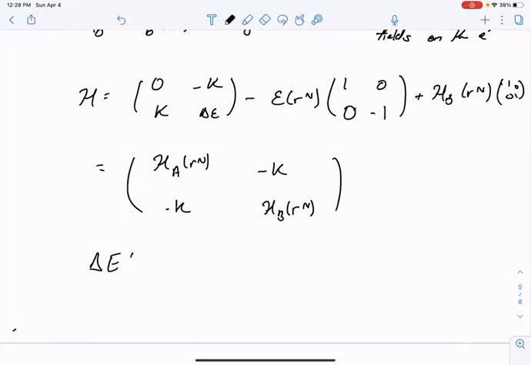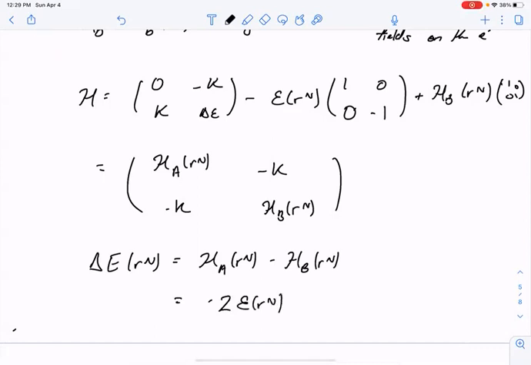It is an explicit function of the nuclear coordinates of the solvent, defined as H_A less H_B, but given by minus twice the electric field, the polarization generated by the dipoles of the water, less some energy offset that might tell you that one site is more favorable than the other. So that is the energy gap.